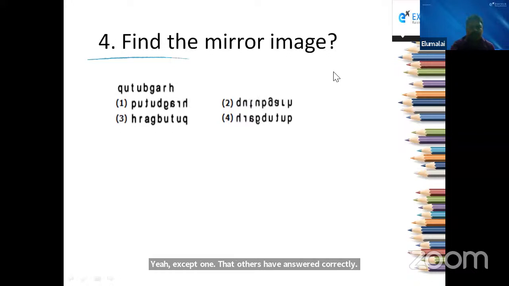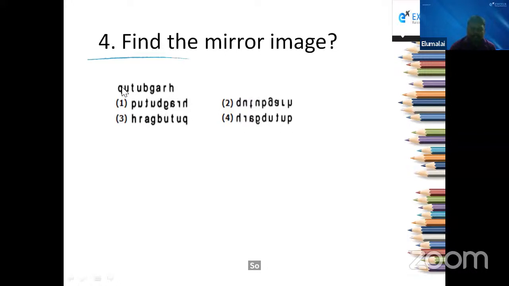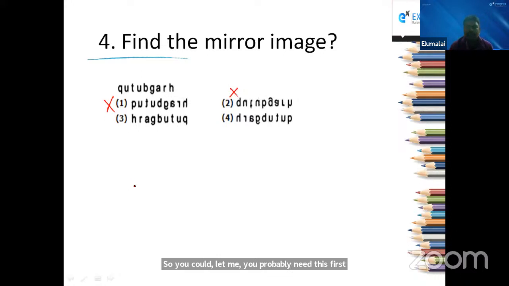Very good. Right. So here you have answered it as 1. Right. See, here it is Q. The mirror image will look like P, but here left side objects are on the left side itself. So you could have eliminated this first option as well as the second option, isn't it? Always in a mirror image, left side objects should be on the right hand side, right side objects on the left hand side. Right.